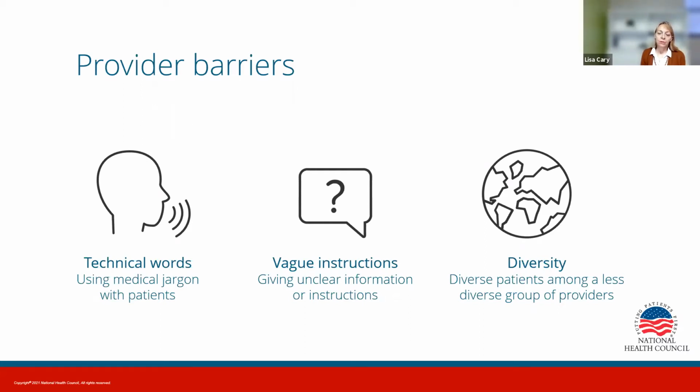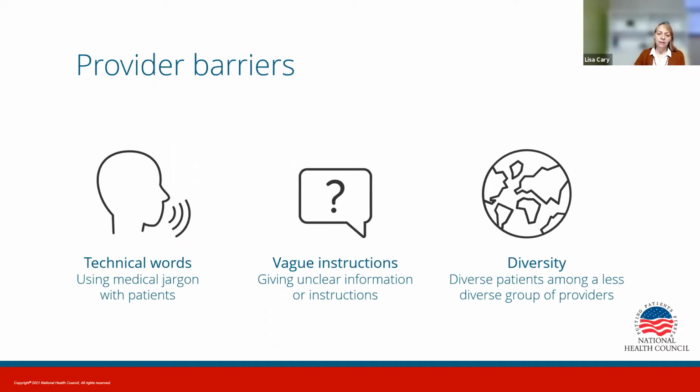Providers often use vague or unclear instructions, and then it's a real challenge to work with diverse patients. Cultural competence, sometimes called cultural humility, requires a provider to unpack biases about their own beliefs and background, and really try to be truly client-centered.